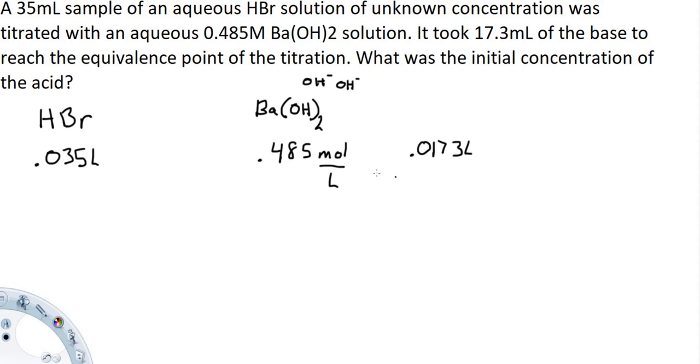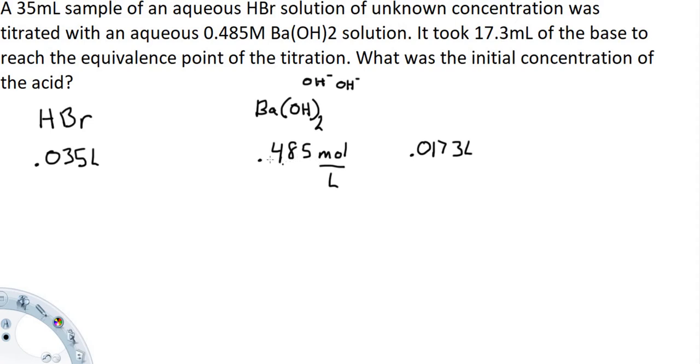And because we're mixing a strong acid with a strong base, we know in this titration when it reaches the equivalence point that the moles of the base are going to equal the moles of the acid. So what we want to do is solve for how many moles of the base we have from the information given.